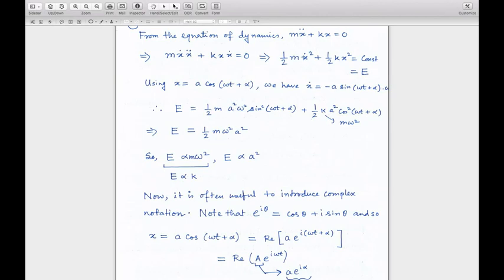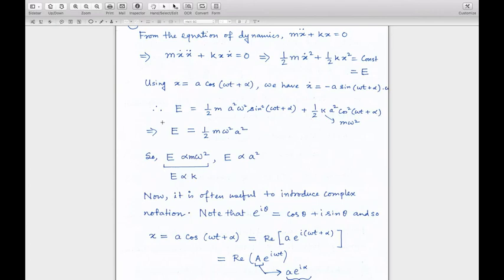So then you just substitute the values of x dot and x in the expression of E, and you will have half m A square omega square sin square(omega t plus alpha) plus half k A square cos square(omega t plus alpha). Again, k is m omega square by definition. So it will give you half m A square omega square sin square(omega t plus alpha), and half m omega square A square cos square(omega t plus alpha).